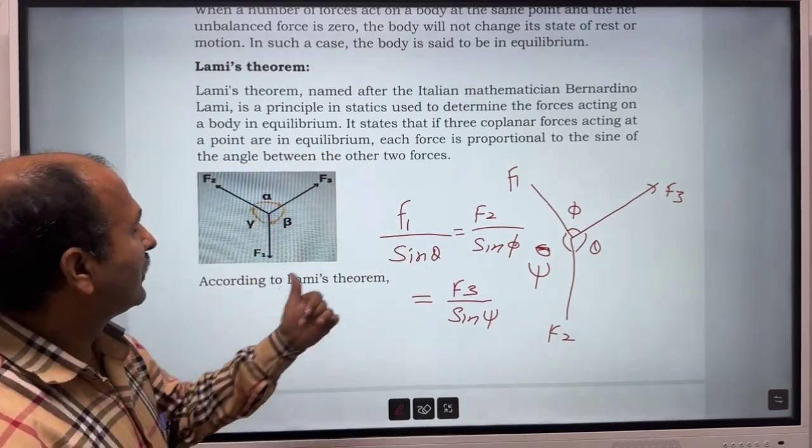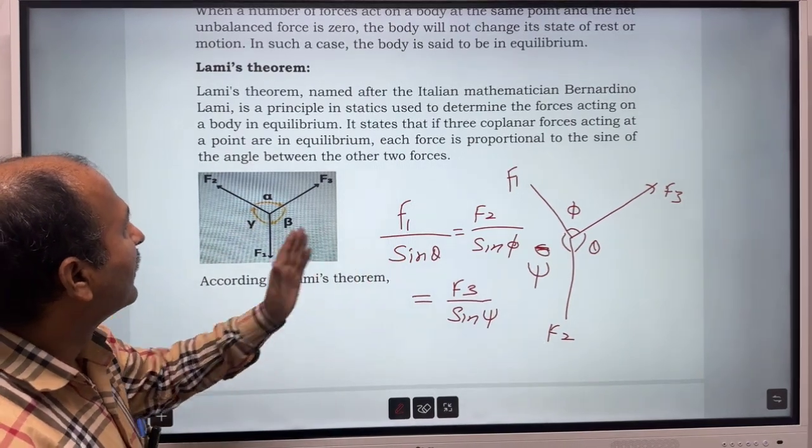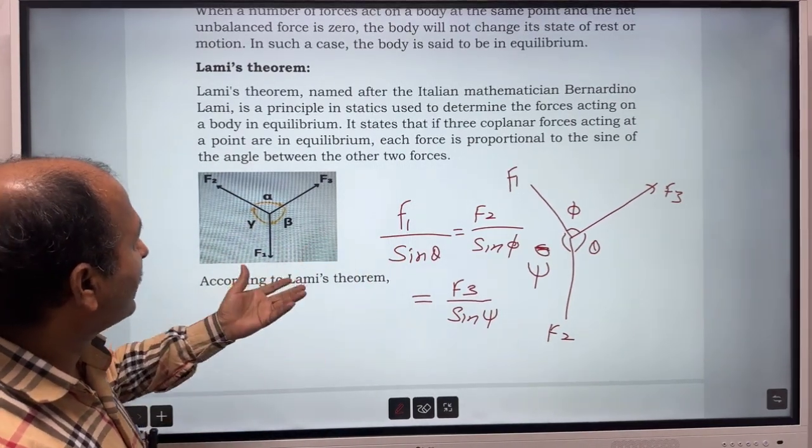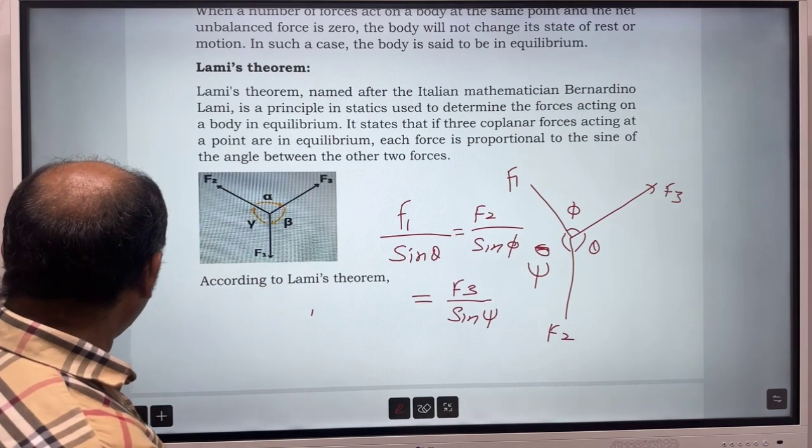So this is the rule, this is the statement of Lami's theorem. We will learn its practical use while solving numericals.